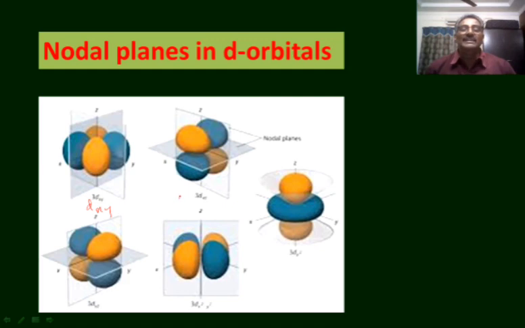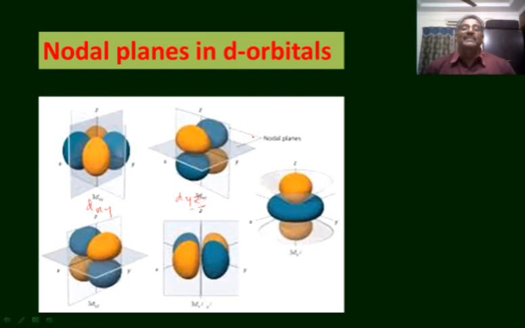Here also for d, suppose this is the dyz orbital. We can assume two imaginary planes passing through the nucleus along the directions of the y-axis and z-axis.